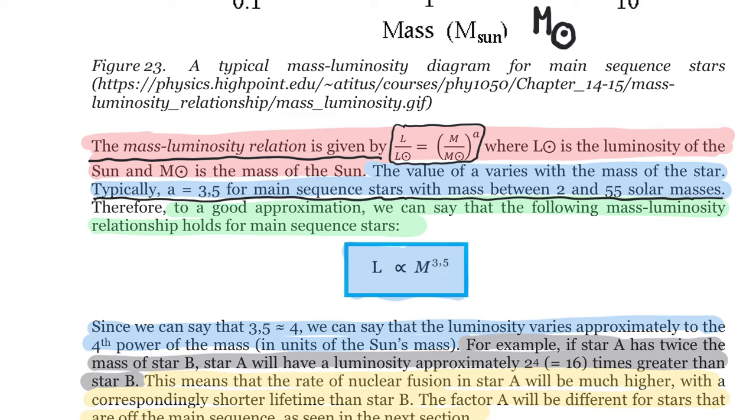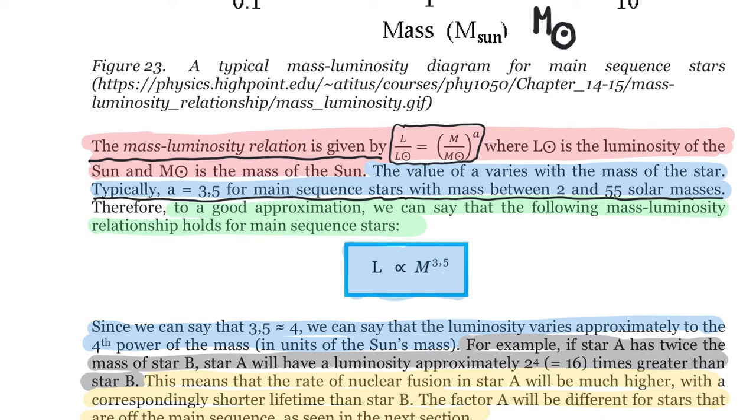Now, because luminosity is dependent on absolute temperature to the power 4, we can then say that the luminosity varies approximately in the same way to the 4th power of the mass in units of the sun's mass.